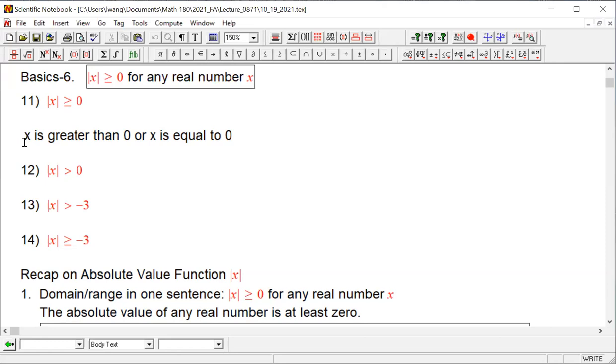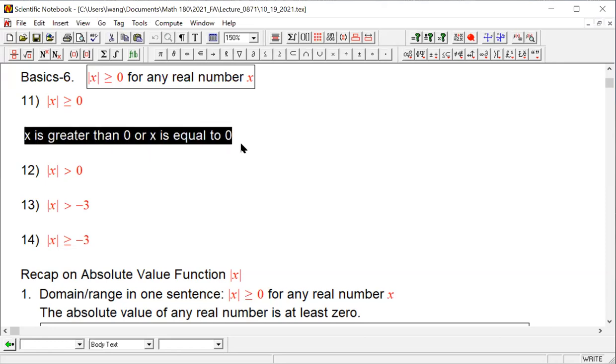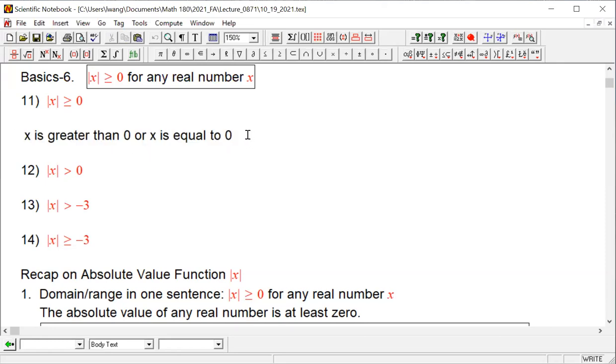Here you're saying x greater than 0 or x equal to 0, which can be written as x is greater than or equal to 0. You're telling the reader these numbers are solutions, and the opposite, negative numbers, are not solutions.